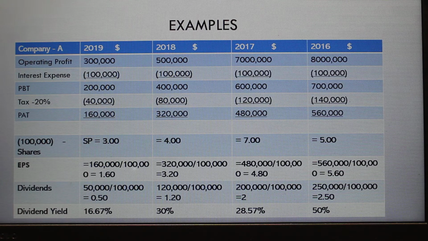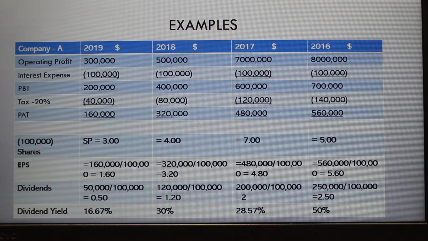If we look at the dividend yield now, it is $2 divided by 7, multiplied by 100, and that gives us 28.57, which means that we have a situation here where our yield has dropped over the period by about 1.5, thereabouts.